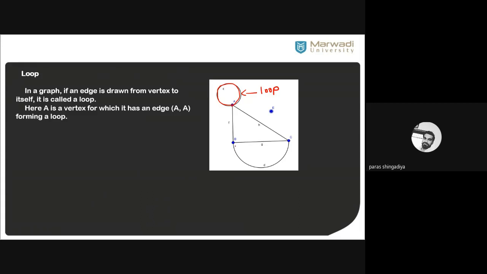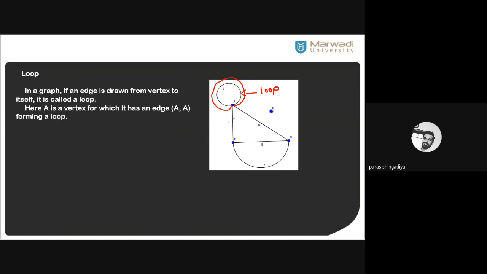And we can also create multiple loops at any vertex. This one loop is there, and if I add one more loop, that is also possible in a graph. That is two loops at the same vertex. So A, B, C. Just let me read the question again.